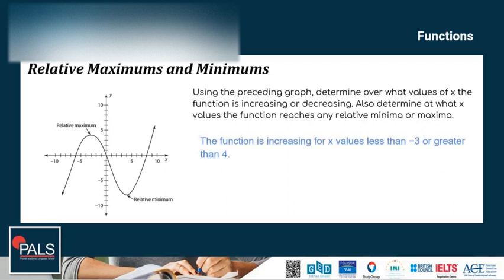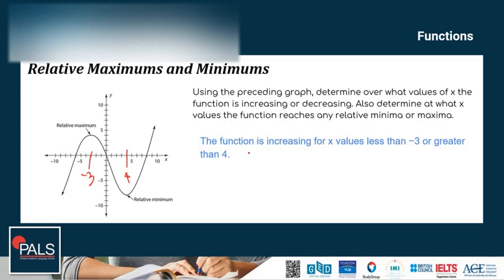Now, the function is increasing for x values less than -3. Where is -3? -3 is here. So the function is increasing for x values less than -3 or greater than 4. 4 is here.